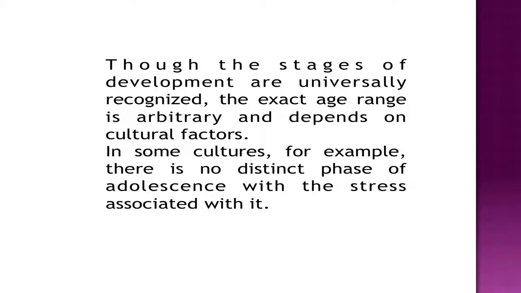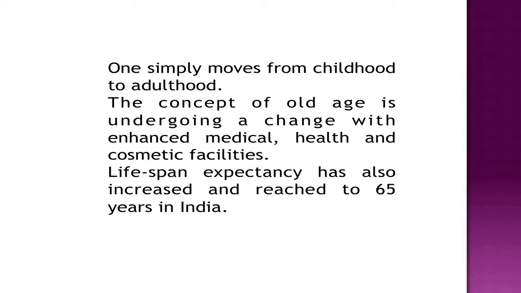Though the stages of development are universally recognized, the exact age range is arbitrary and depends on cultural factors. In some cultures, for example, there is no distinct phase of adolescence with the stress associated with it. One simply moves from childhood to adulthood. The concept of old age is undergoing a change with enhanced medical health and cosmetic facilities.